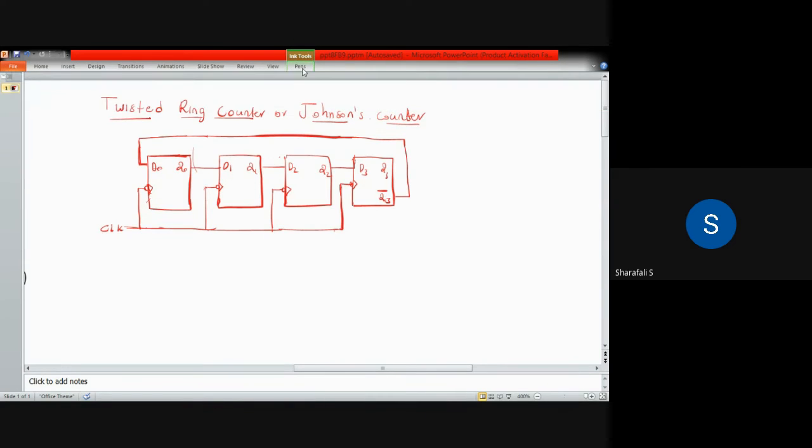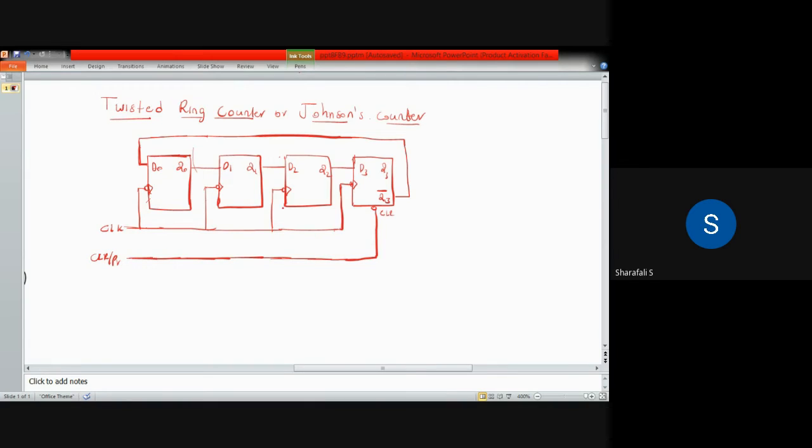Here also we have that clear or preset, but we do not have any preset connection here. So all the values will be cleared initially. We have this connected here, so this is nothing but that clear option.